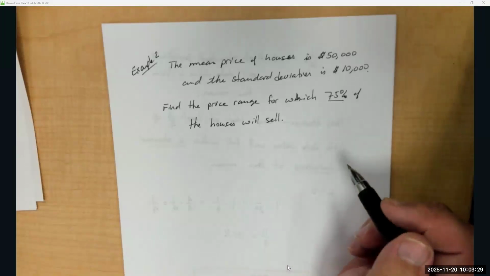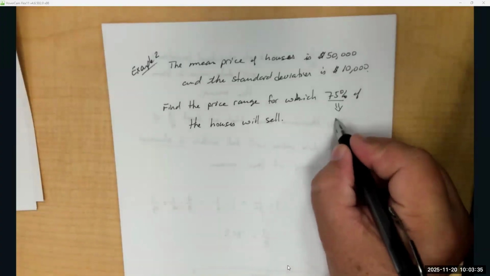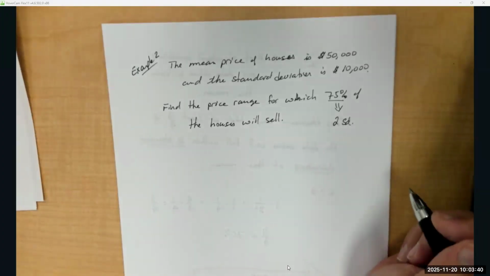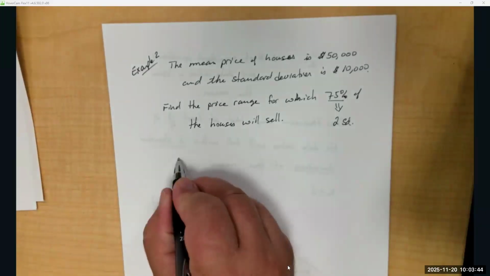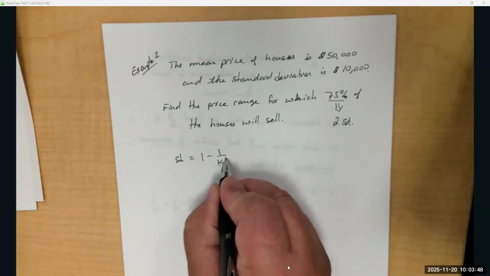So what do we know about 75%? That's 2 standard deviations. We can work it out that way also. We can work backwards. We have the proportion equals 1 minus 1 over k squared.